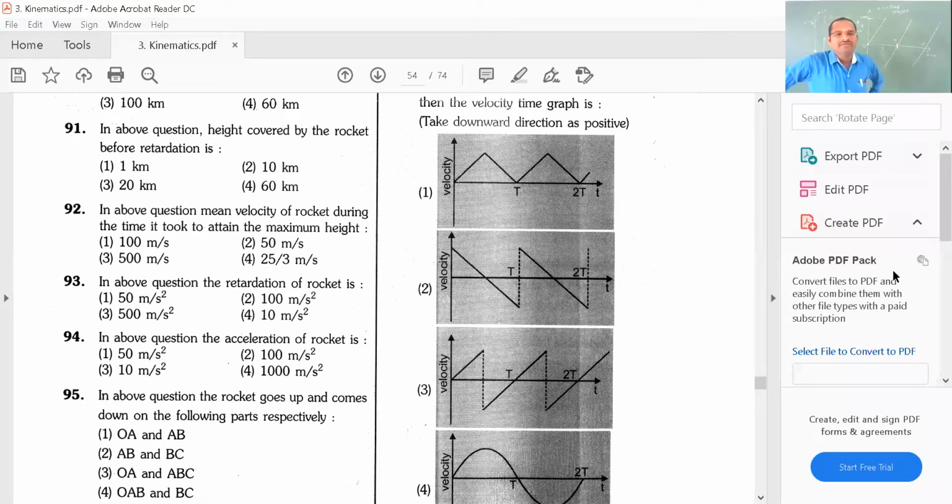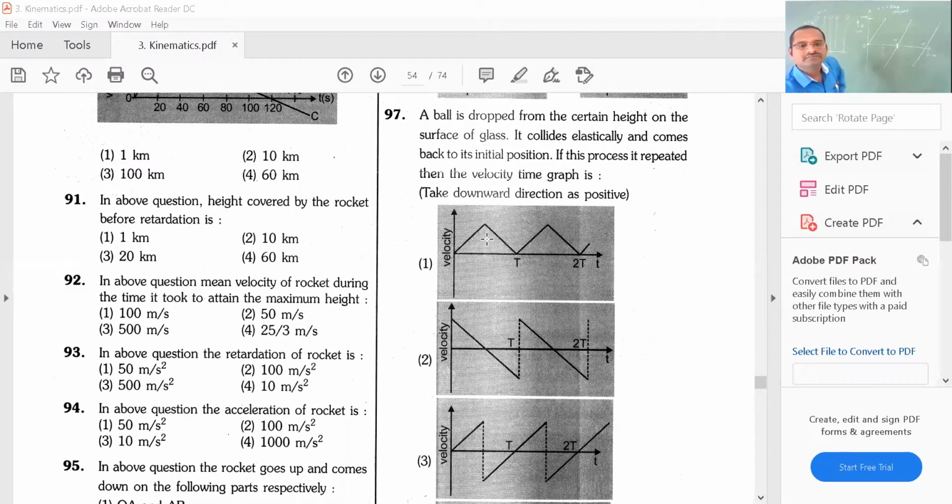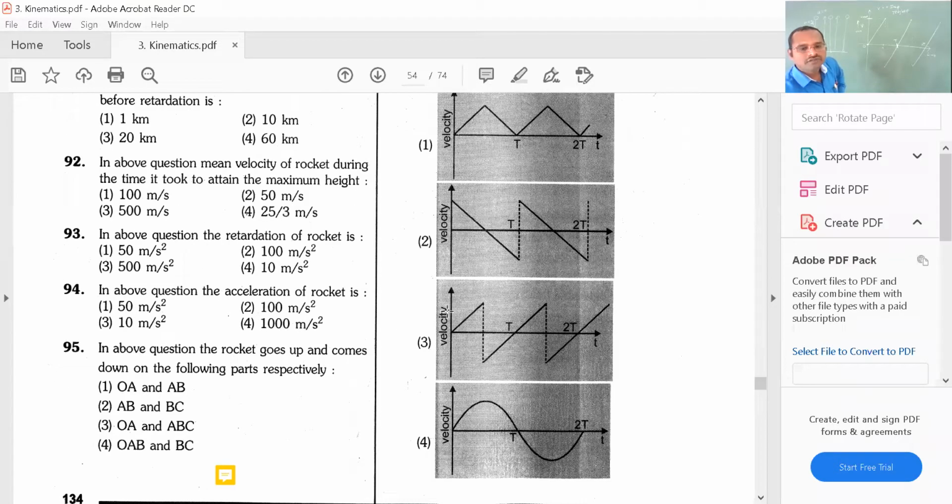Take the downward direction as positive.